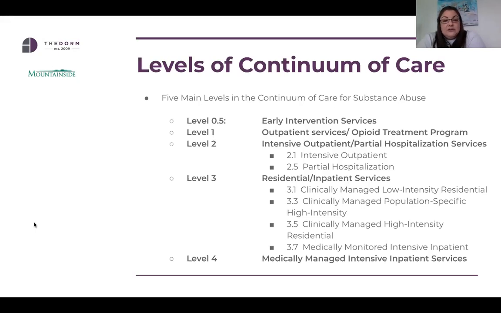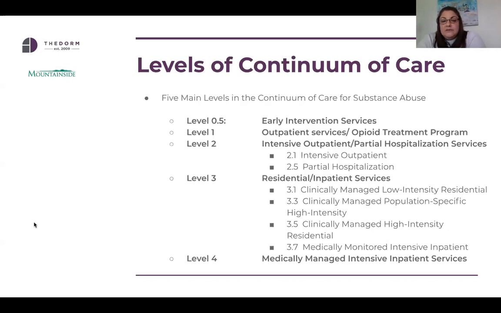Level 3 is your residential inpatient services, and that has 4 subcategories. 3.1 is a clinically managed low intensity residential. It's equatable to a sober house with probably some clinical care involved, whether within the sober house itself or another facility. 3.3 is a clinically managed population specific high intensity program. 3.5 is a clinically managed high intensity residential program. And 3.7 is a medically monitored intensive inpatient.